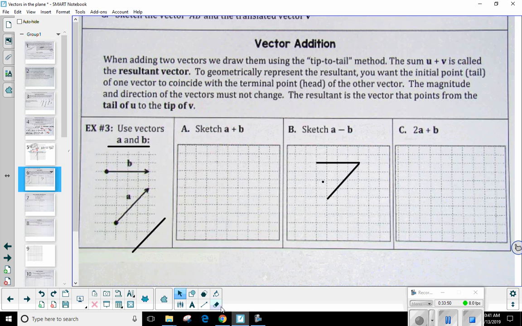Okay. So let me go ahead and erase all this right here. Let me move B back and move A back.